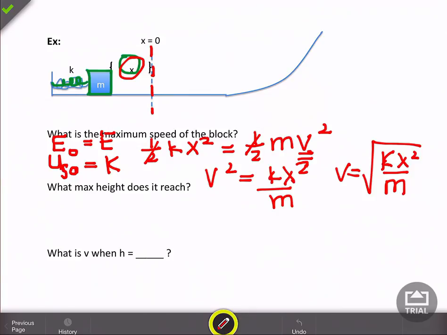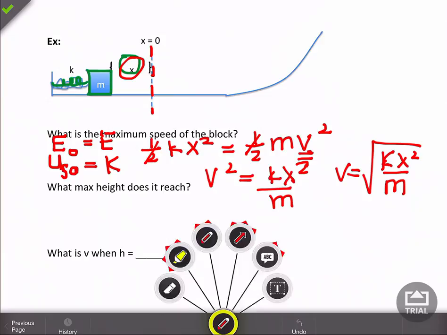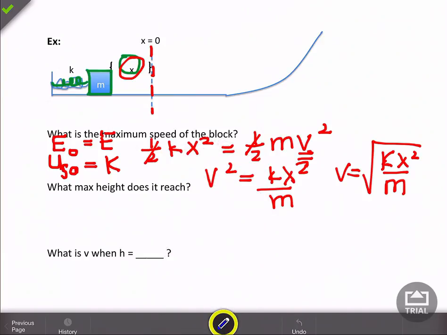In the second part, what maximum height does it reach? Again, we are using conservation of energy. And you can say that your beginning location is either when this mass is compressed by the spring here, or the spring is compressed by the mass, rather. Or you can say that your initial position is right here, what we just found, that 1/2 mv squared.